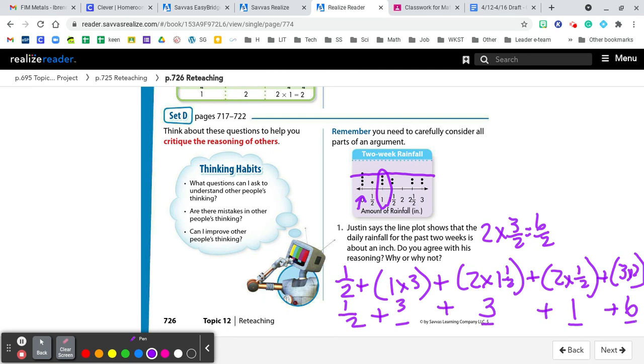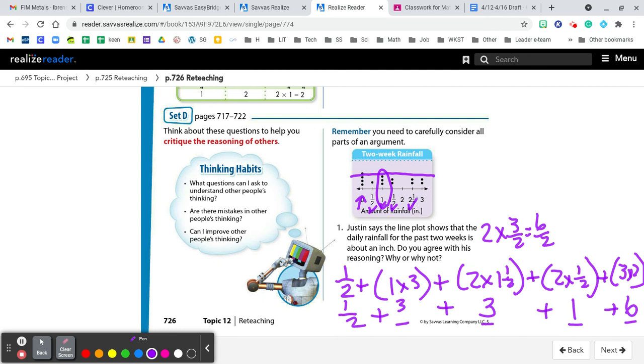3 times 2 is 6. 1 and 1. And then 0 times 4. The total rainfall is, let me double check this. So 1/2, that's 3.5, plus 3, 6.5, plus 5.